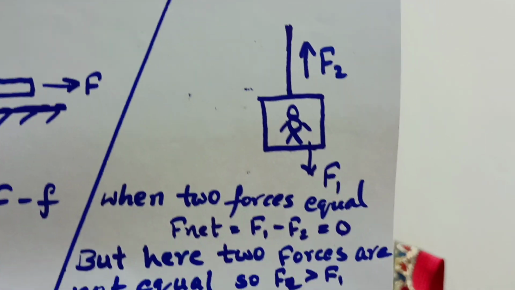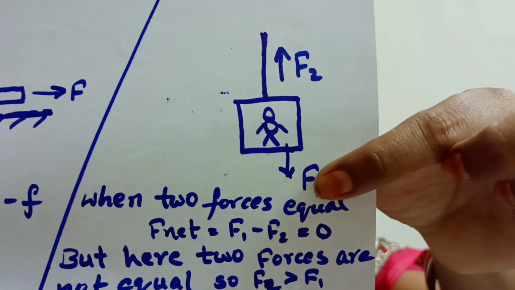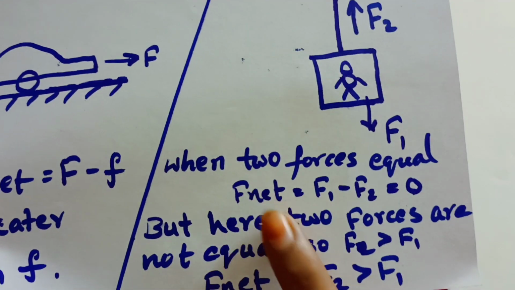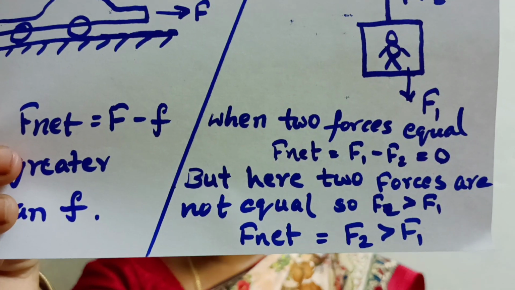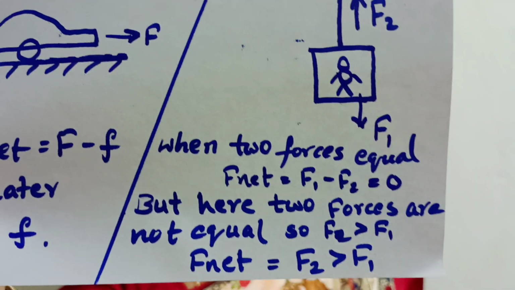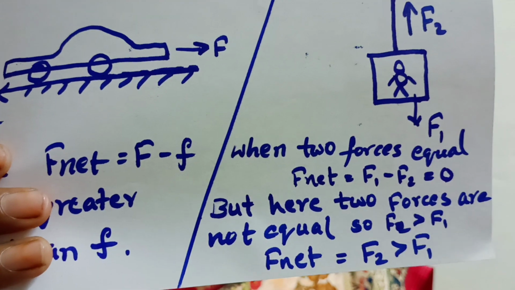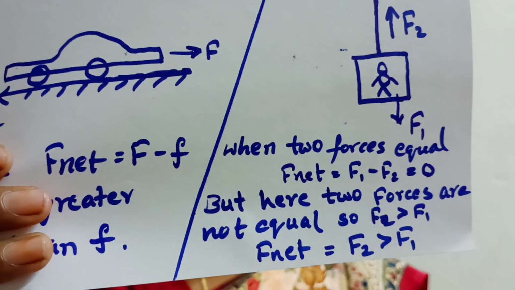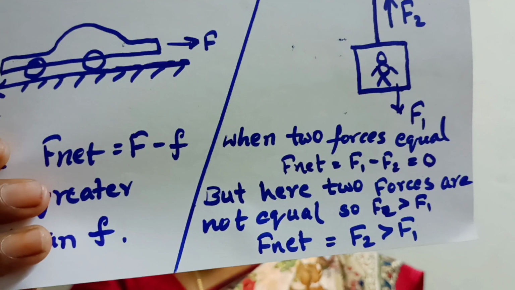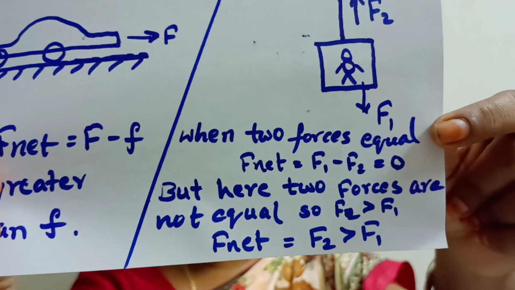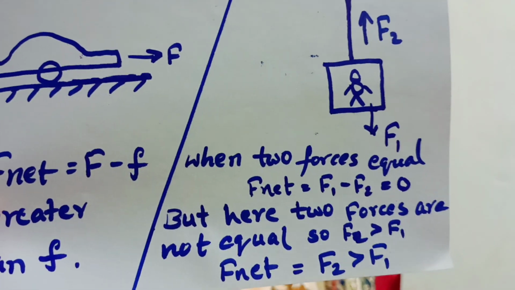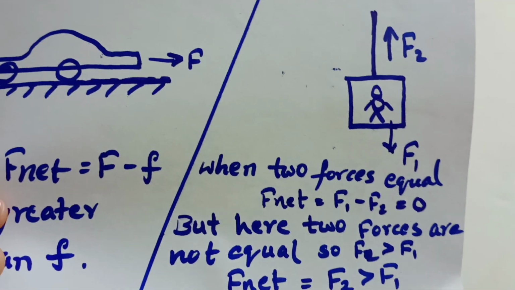F2 is greater than F1, then F net is equal to F2 minus F1. When a net force exists, the lift moves with different speeds. That's why the lift moves with non-uniform speed. It means not a constant speed.